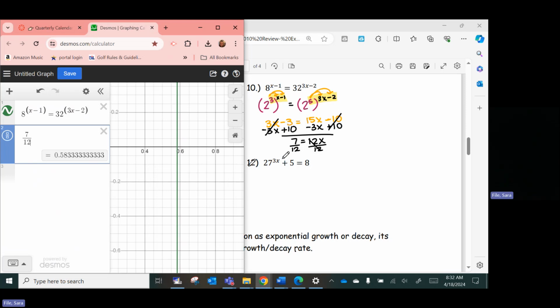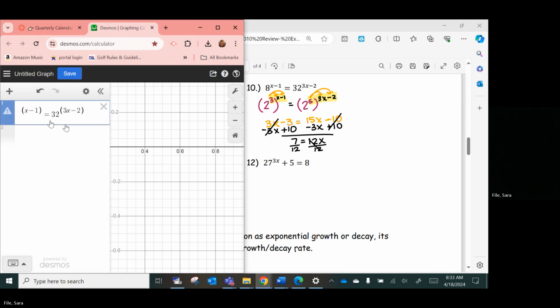Okay, so here, while we've got number 12 on the screen, let's try that. If I typed this in just as I see it, it's a base 27 to the power of 3x plus 5, and then the right side is simply 8.